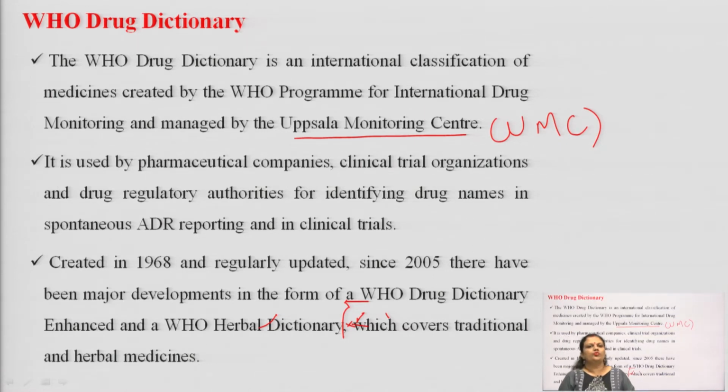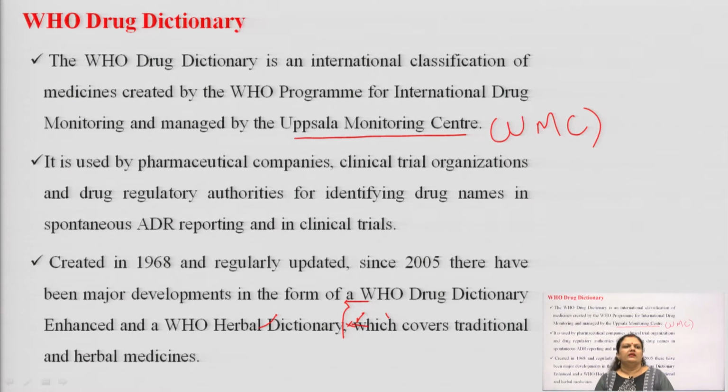It is the Sweden based head or center which governs all the activities related to adverse drug reaction terminologies, the adverse drug reaction reporting system, and their analysis, assessment and evaluation reports globally. In short, it is the international center for compilation of all adverse effects reported by different classes of people globally.